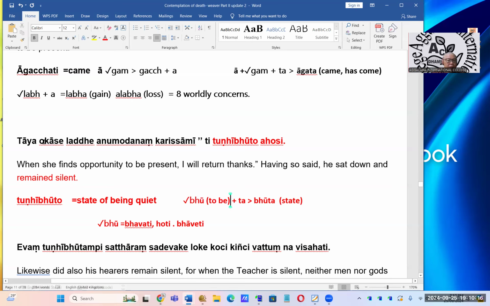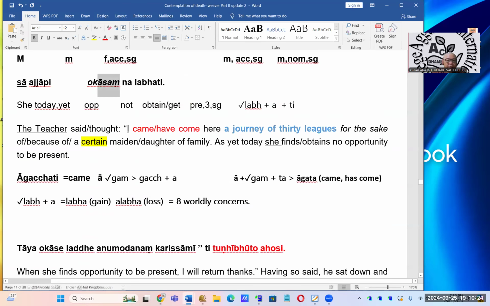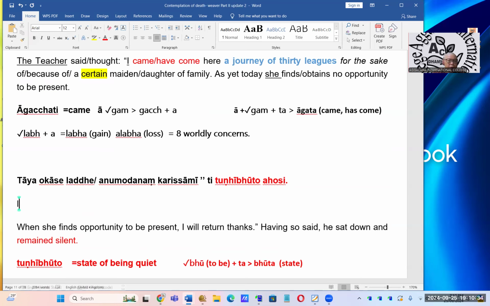Now here, Taya okase. This word we saw before, okasa, right? Where did we see this word before? Early on. Okasam, okasa, or akase. So here it is the same as just now. This sentence is what we call the locative absolute, right? You can see here it finishes with the letter e, the sound e, right?